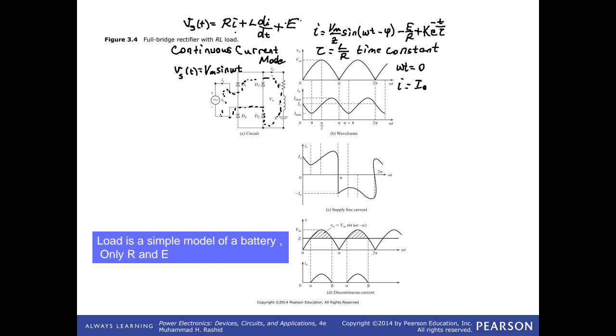For that, if omega t is equal to 0, this one becomes minus. So I can calculate the K.